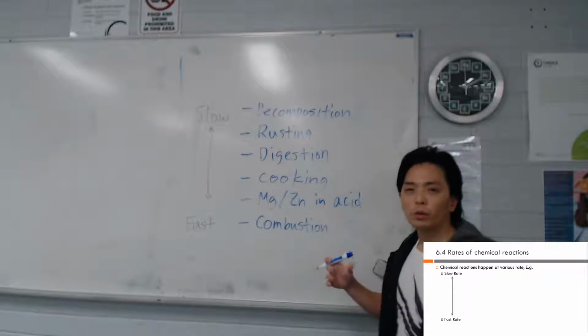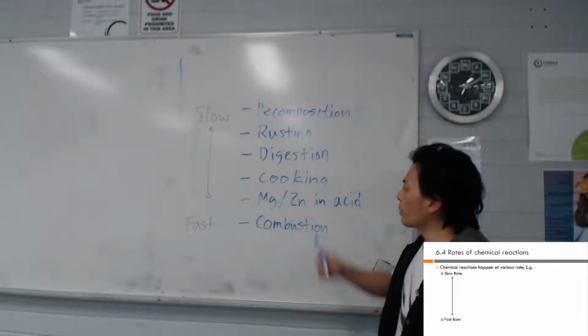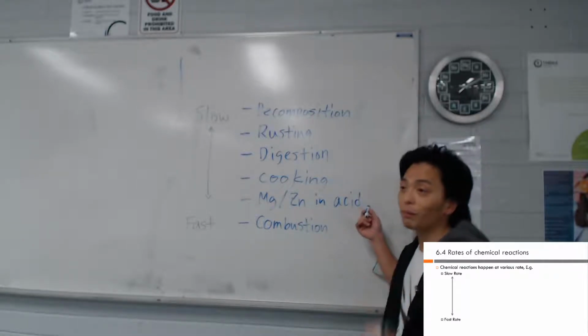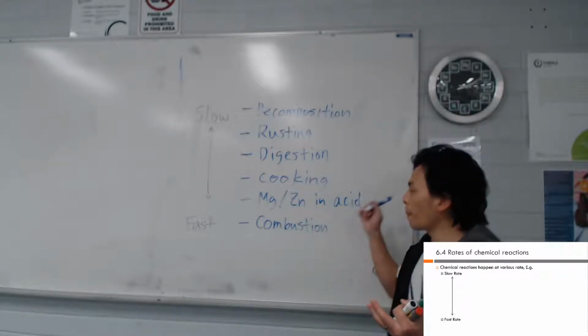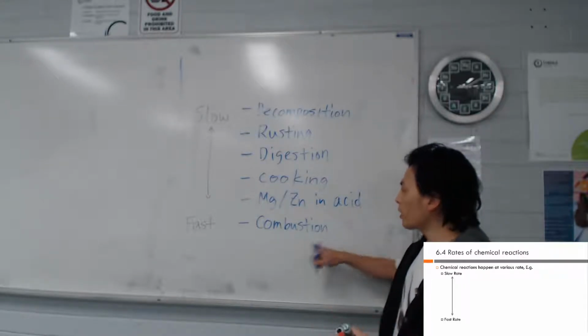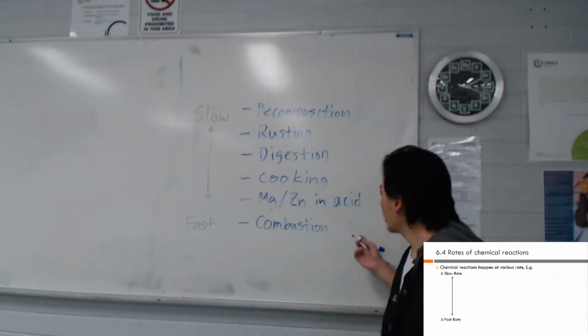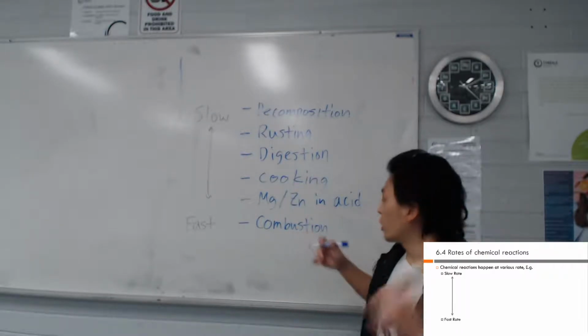If it's just normal burning, wood, coal, charcoal, it takes maybe a bit more than a second. It might take a few minutes. So burning wood might be a bit slower there. But combustion, I'm referring to explosion, say fireworks, or how pistons in the engines work.